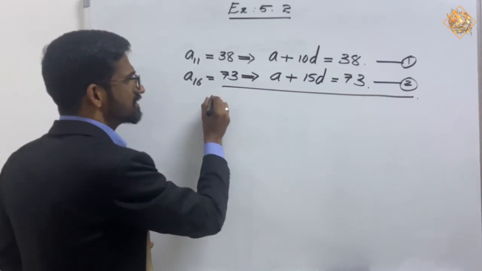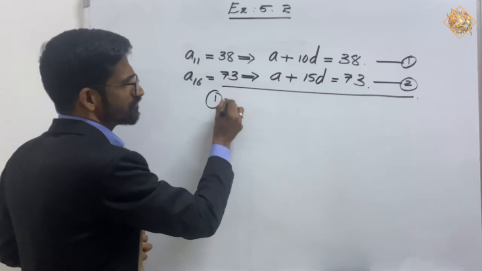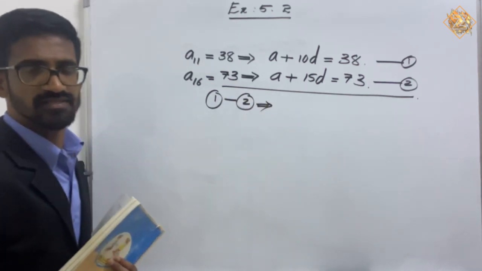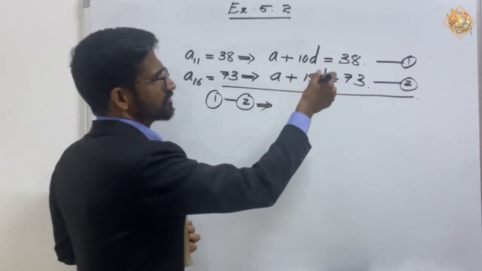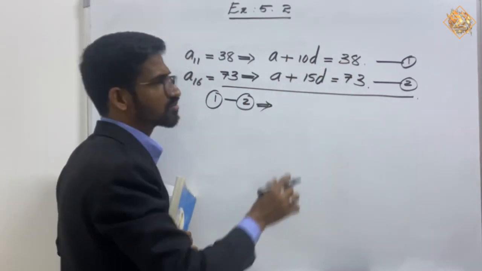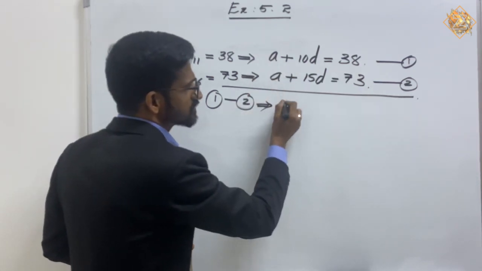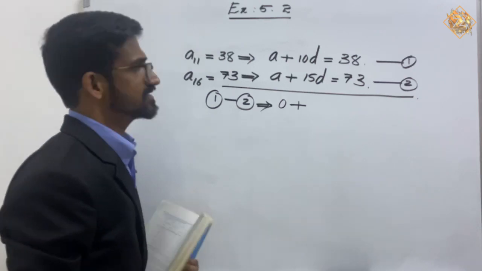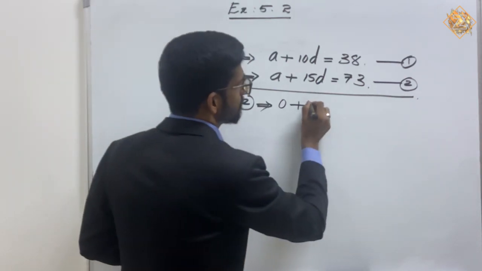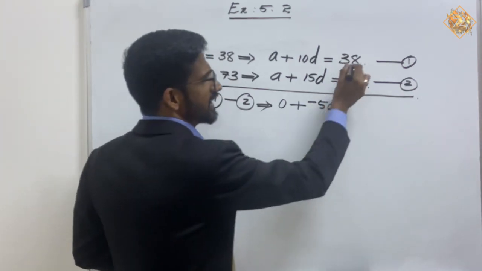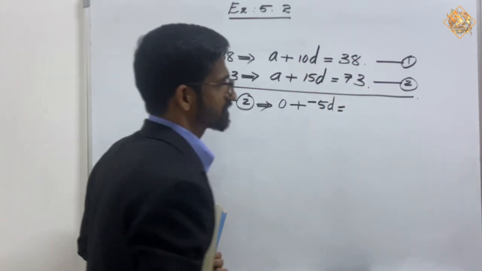So we will apply the elimination method, that is equation 1 minus equation 2. A minus A is 0. 10D minus 15D is minus 5D, equal to 38 minus 73.